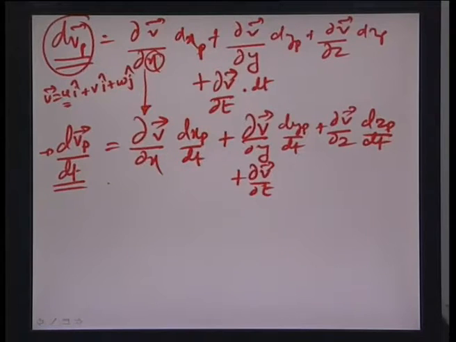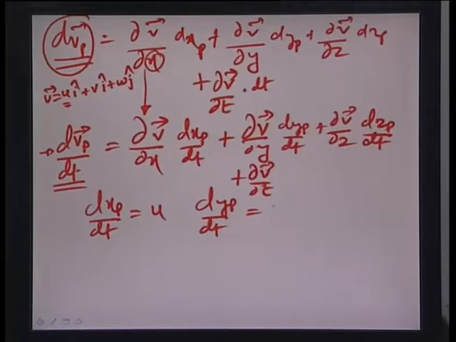Now as we know here, dxp by dt is nothing but the velocity of the particle in the x direction, dyp by dt is the velocity of the particle in the y direction, and dzp by dt is the velocity of the particle in the z direction. We can represent them by u, v and w, okay.